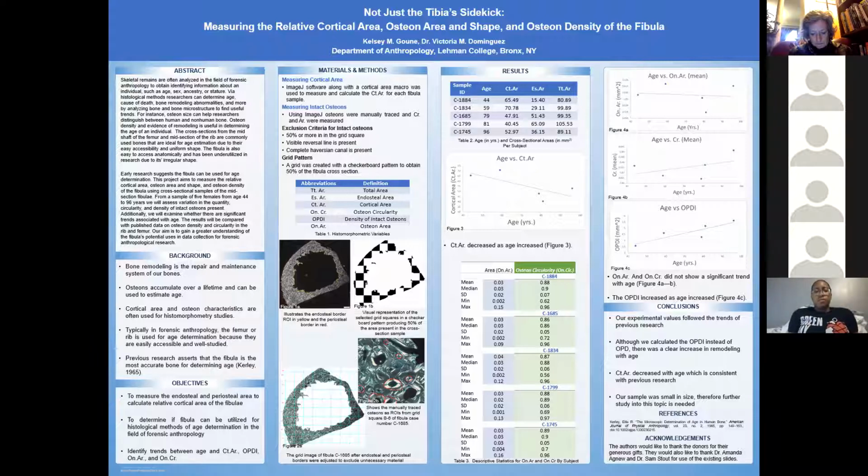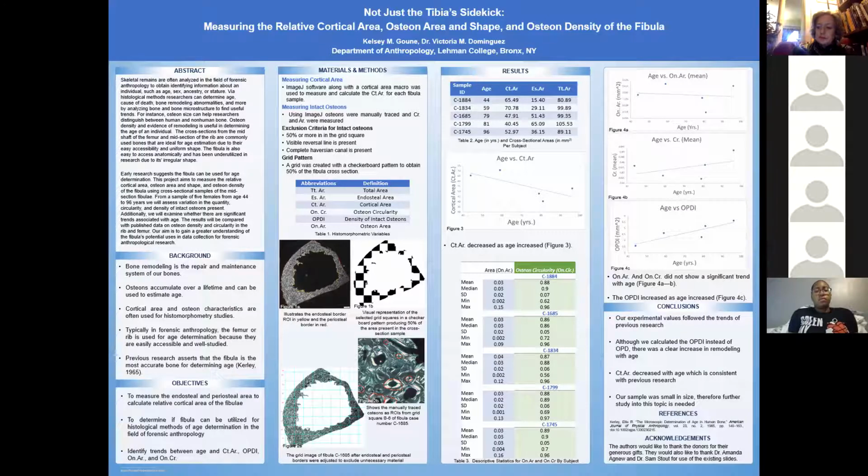So why do we want to use the fibula is a good question. We want to use the fibula because it's something that we can use in addition to the rib and the femur. The fibula, unlike the rib and femur, doesn't have as much gross morphological use.